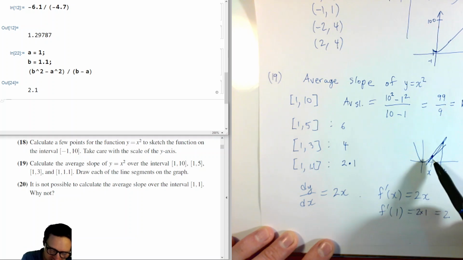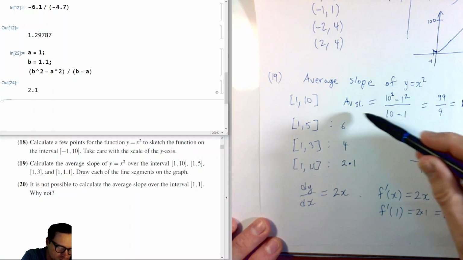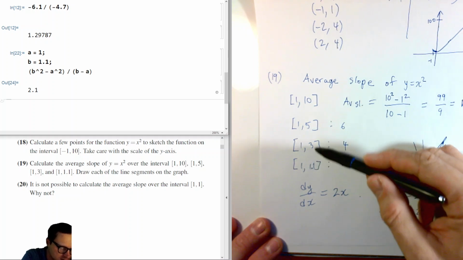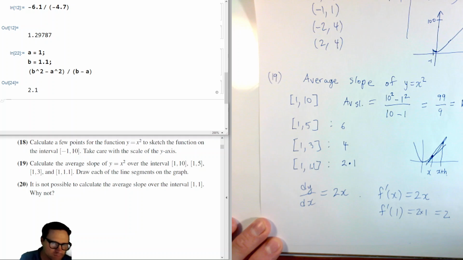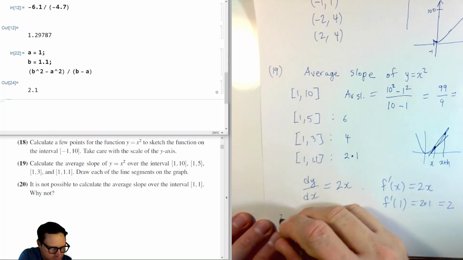So the slope of the tangent when x is equal to 1 is 2. So these are all approaching 2 as this number gets closer and closer to 1. All right, let's have a look at question 20.